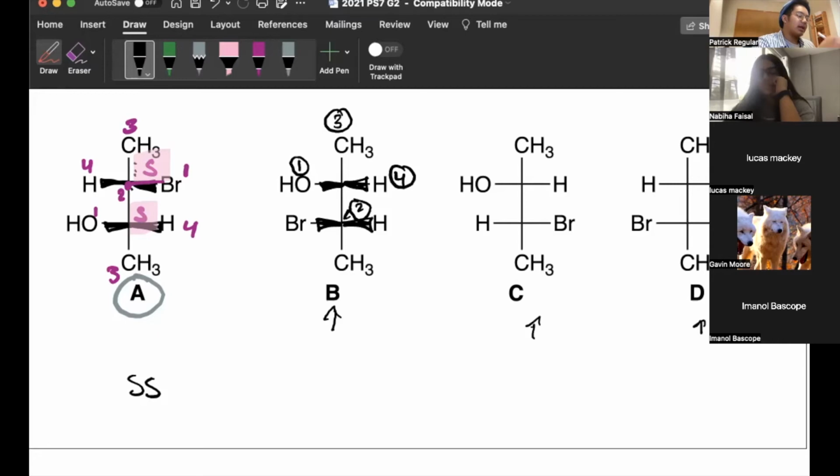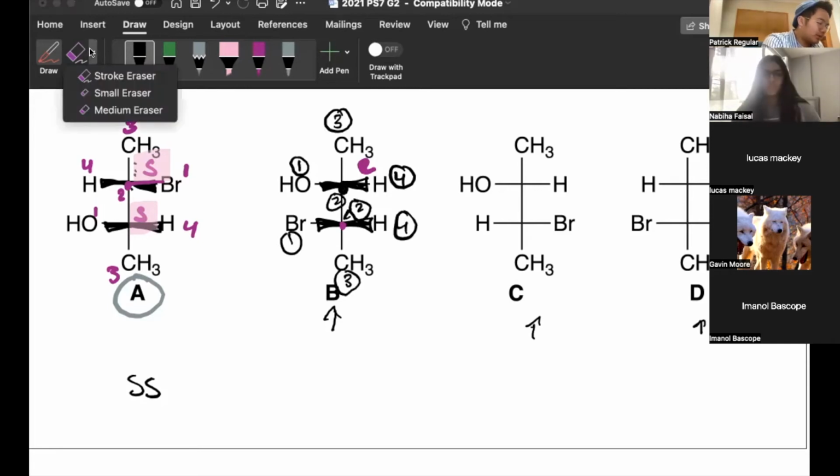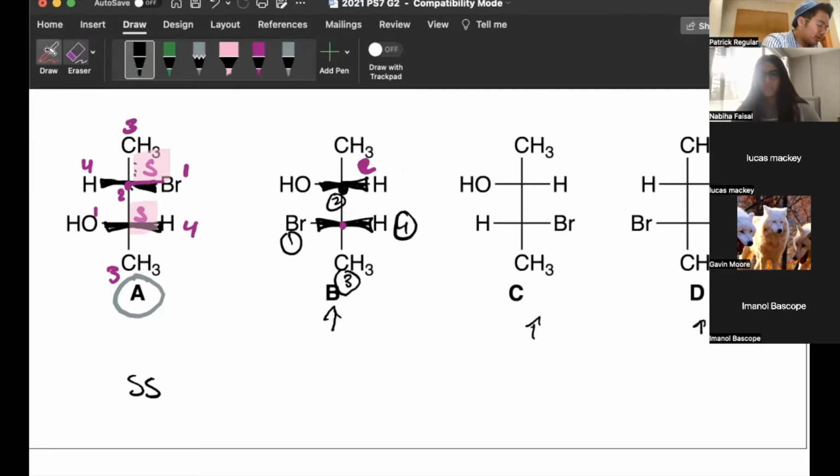If I were to look at that, that would be R. Then for this carbon, this would be 1. This carbon right here would be 2 because it's connected to that oxygen. 3, 4. I'm going to erase these. That would be S. So right here we have our S.